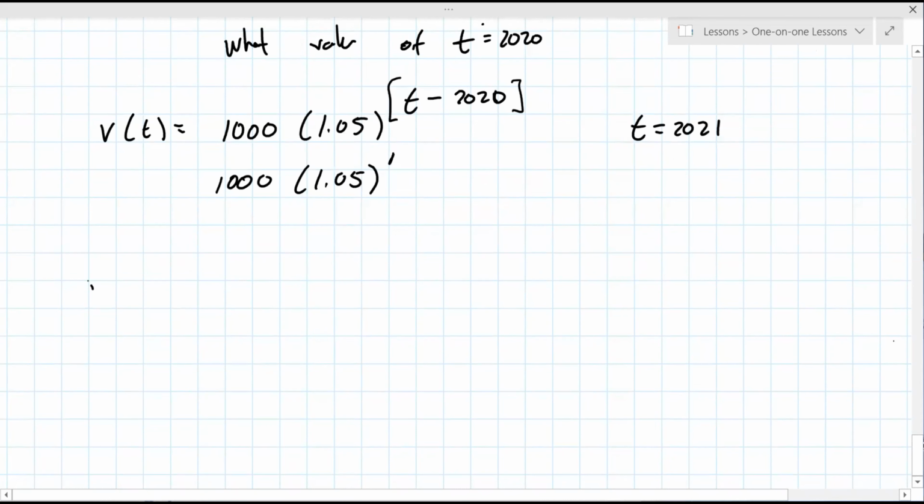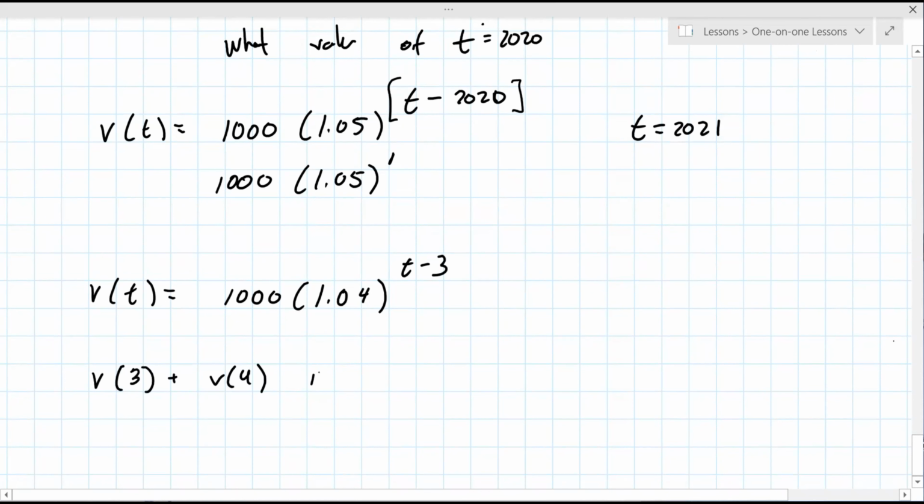So they sometimes do this. I've seen this where they say, you have a $1,000 scholarship. It grows at a rate of 4%, and they want you to figure out essentially v of t. I'll just do this, t minus 3. They want to know v of 3 plus v of 4 plus v of 5.